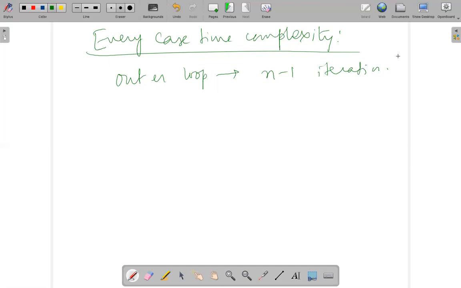Inside this you have an inner loop going n-1 times, and everything that happens inside the inner loop can be considered basic operations.